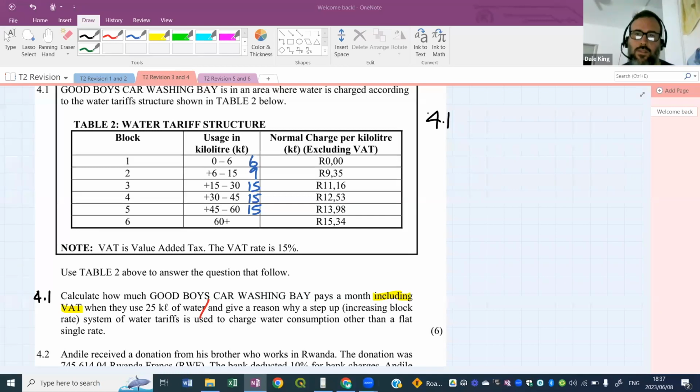Okay, so we first use the method that we use, like 0 to 6 equals 6. All right. And then we get, for example, 6 kiloliters to, or 15 kiloliters to 6. So then you get 9, and then you're gonna take the amount that you got, and then you're gonna times it by the amount that is next to the usage of kiloliters.